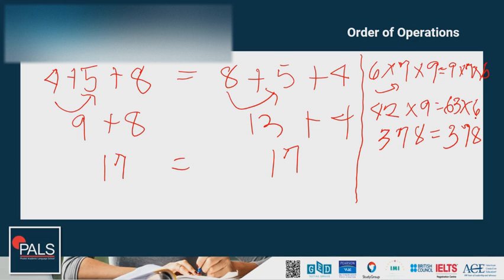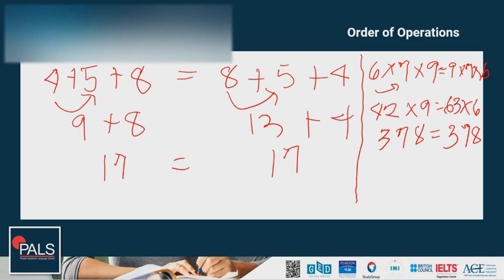When you add a string of numbers, you can add them in any order you like. The same thing with multiplying a string of numbers. You will always have the same answer.